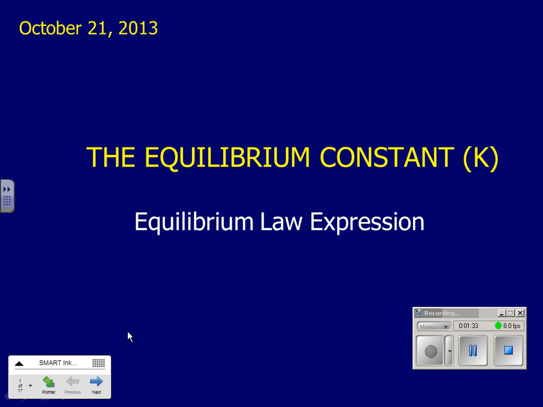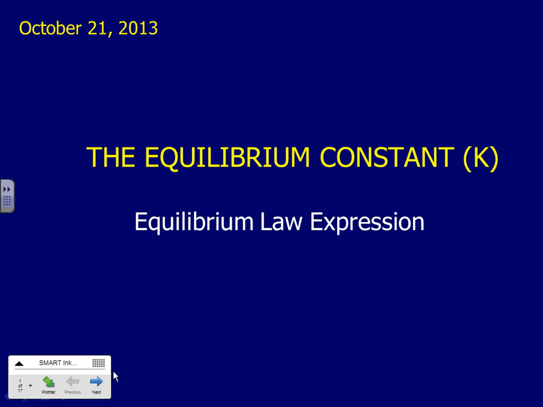Last day I introduced to you something called the ICE table, and that's a way in which we can calculate concentrations at equilibrium, given some initial concentration, some kind of change, and then a final concentration. And then I introduced you to the equilibrium constant and the equilibrium expression law, and we're going to continue on with that here at this point.